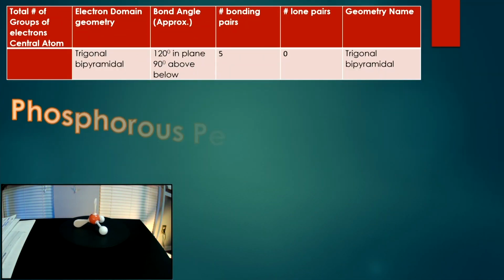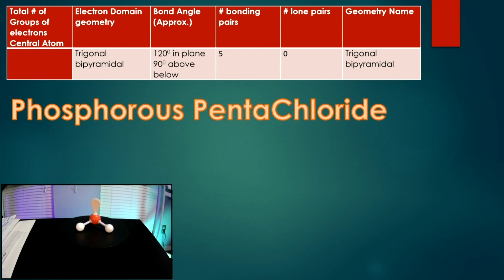Now we're going to move on to where we have 5 domains that surround the central atom. Our generic formula will be AX5, pretty easy to remember. Our phosphorus is going to go in the center.